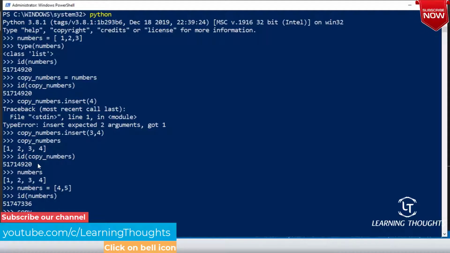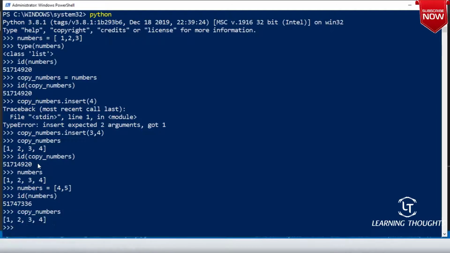Now if you type copy_numbers, it will still have 1 2 3 4, and numbers will have 4, 5. So there is something different which we need to understand about Python with respect to this behavior. Yes or no? Python might not be deviating from its behavior. Our understanding might be wrong.